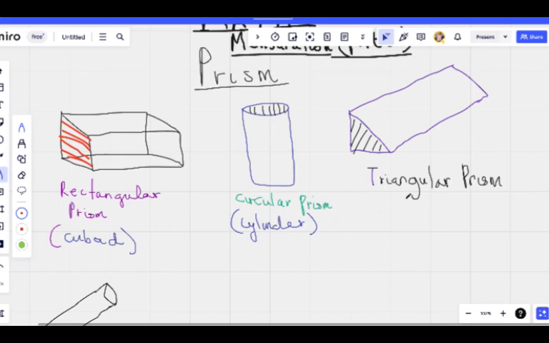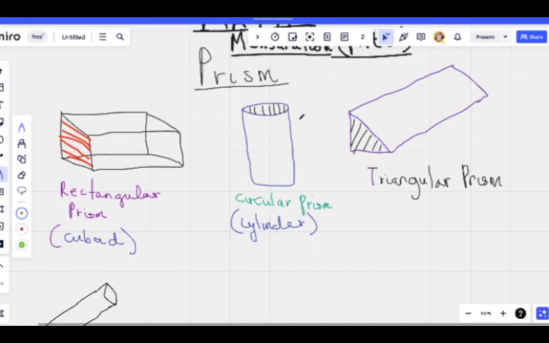The fourth type of prism is a triangular prism. You can see the cross-section is a triangle. Shapes that have a uniform cross-section that is a triangle are called triangular prisms. Then number 5, we have the hexagonal prism.